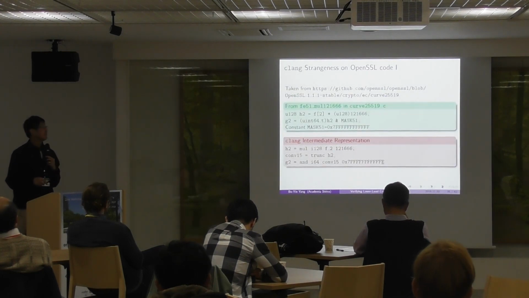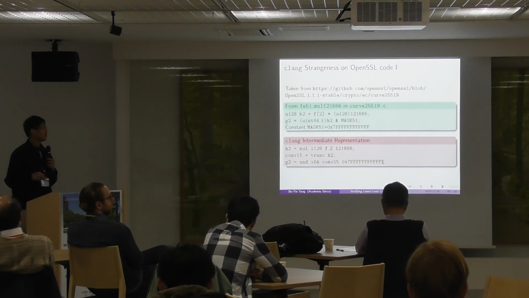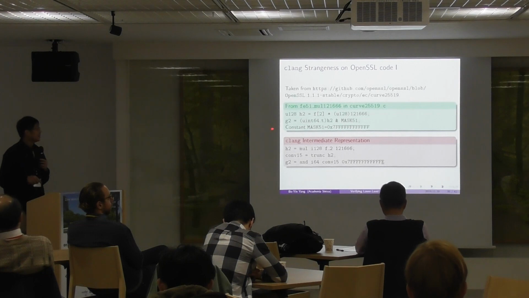So here are some strangeness from Clang. This is real OpenSSL code, and we take this from GitHub, and this is a stable branch of OpenSSL and the curve25519 C implementation. So here is the C code.